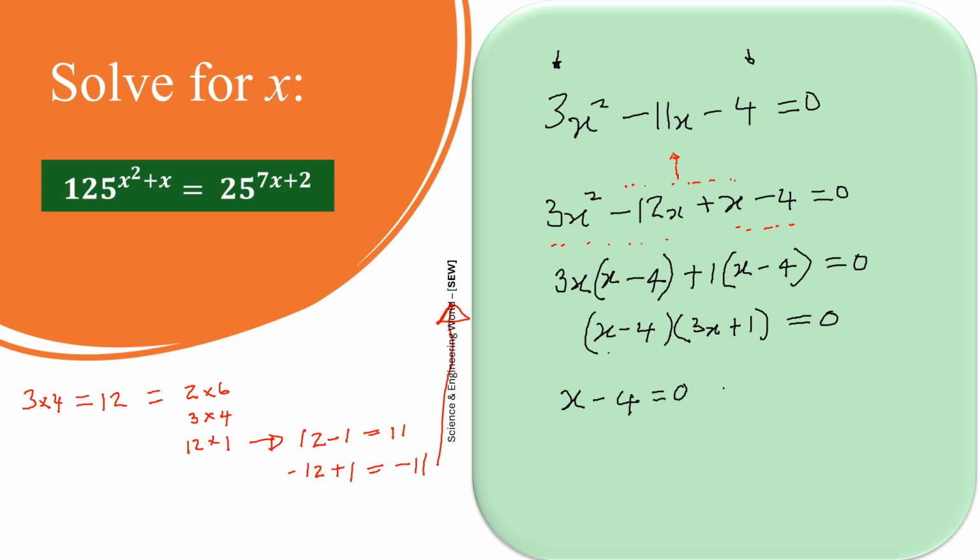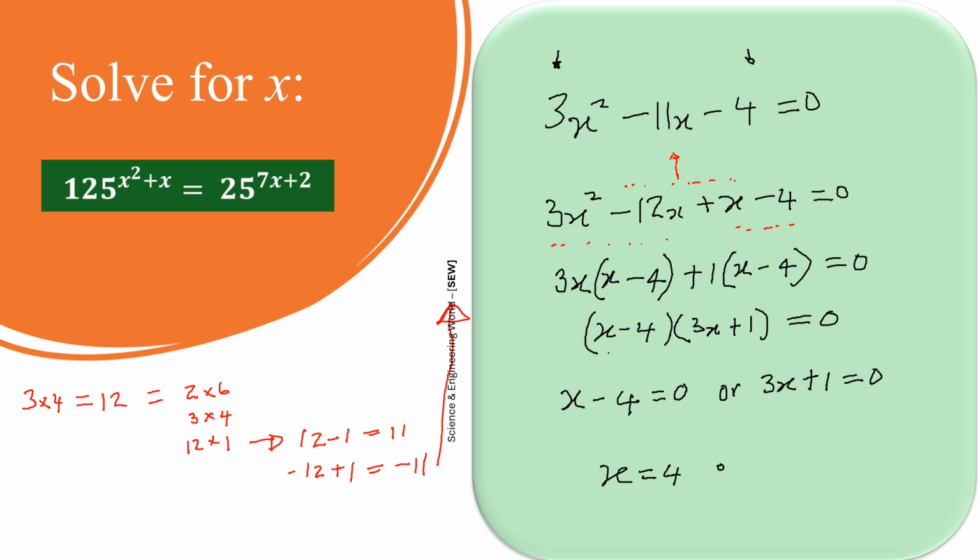or 3x plus 1 must be 0. So these are the two roots of the quadratic equation above. In the first one, if we bring 4 to the other side, we have x equals 4.